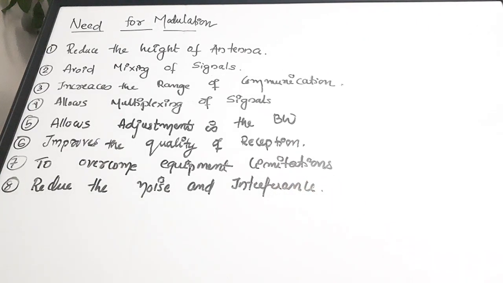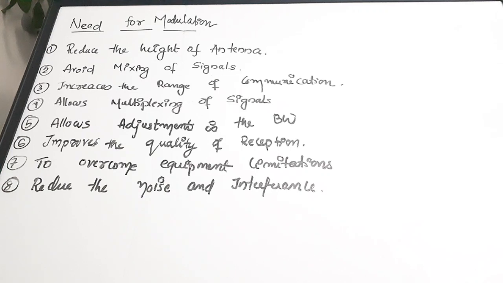So consider that you are going to use your original low frequency signal. These signals are actually prone to more noise. But if we are using a higher frequency signal, and various higher frequency signals for various informations, it will help us to reduce the noise and interference. Okay. So these are the 8 important needs for modulation.